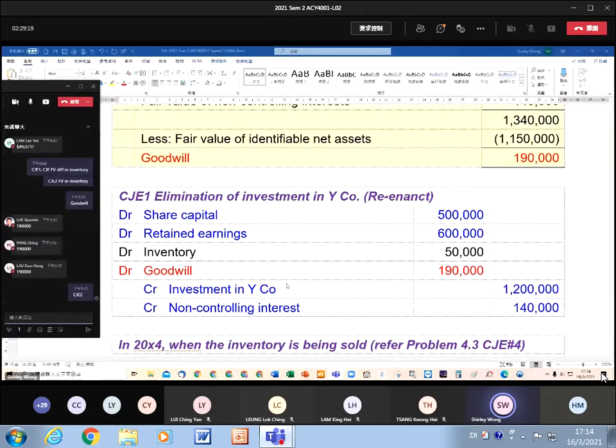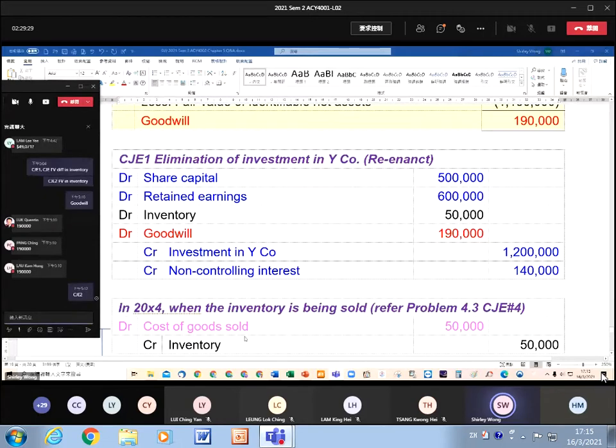From the group angle, you should debit more on the cost of goods sold for 50,000 and credit more on the inventory of 50,000. So in 2004, our consol journal entry will be debit cost of goods sold 50,000 and credit inventory 50,000.